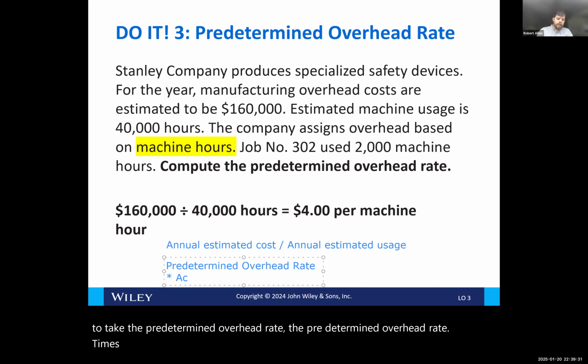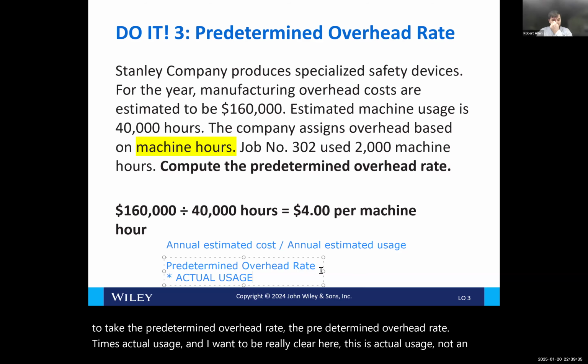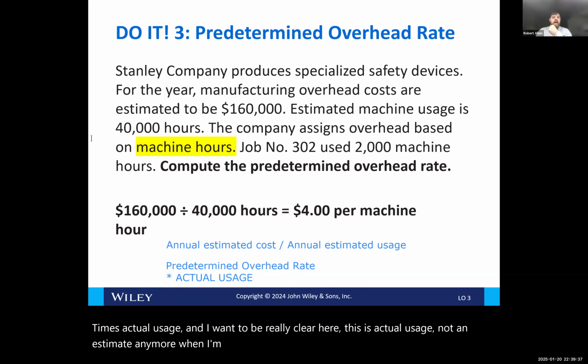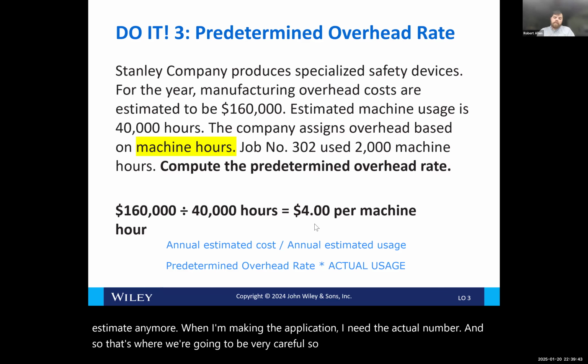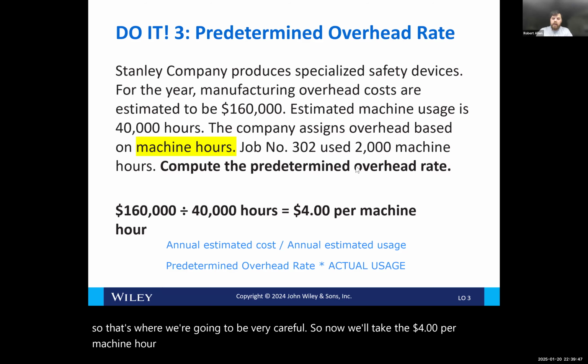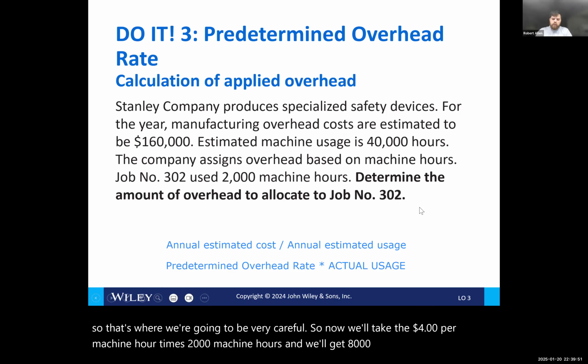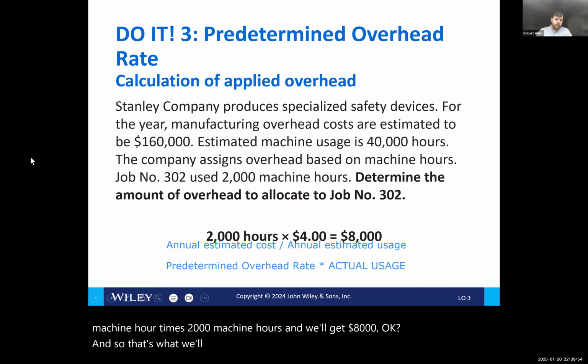And I want to be really clear here. This is actual usage, not an estimate anymore. When I'm making the application, I need the actual number. And so that's where we're going to be very careful. So now we'll take the $4 per machine hour times 2,000 machine hours, and we'll get $8,000. Okay. And so that's what we'll see right here on this slide.